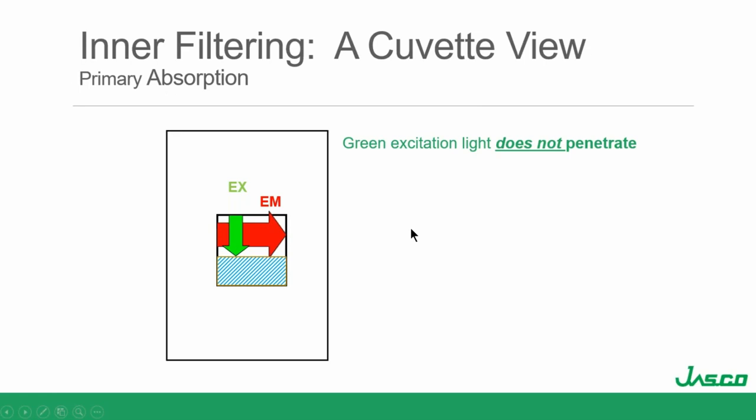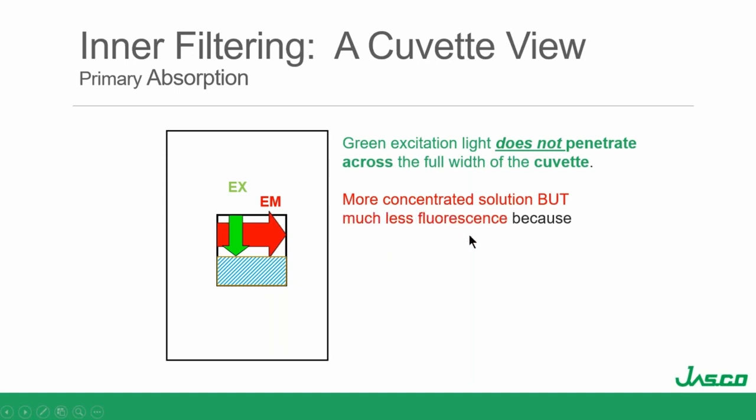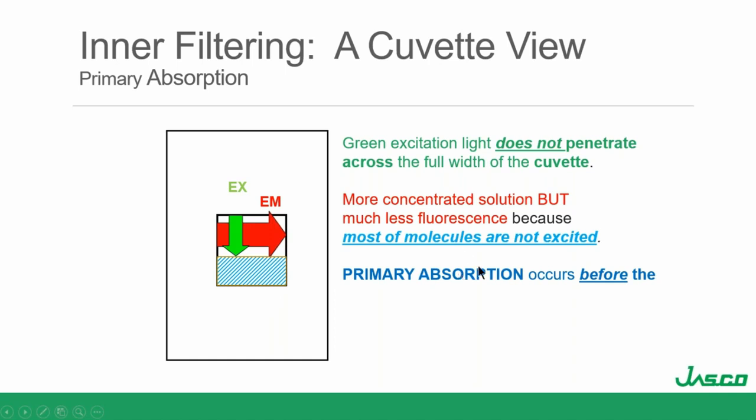So the excitation light does not penetrate across the full width of the cuvette, and we have a more concentrated solution, but much less fluorescence, right? Because most of the molecules are not excited. This is primary absorption, and I think you should note that it occurs before the emission of a photon of light. So sometimes it's called a pre-filter effect.